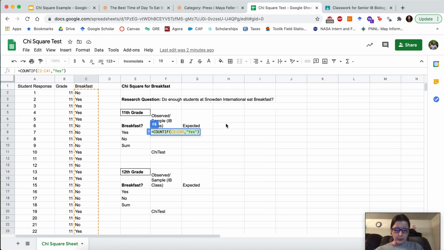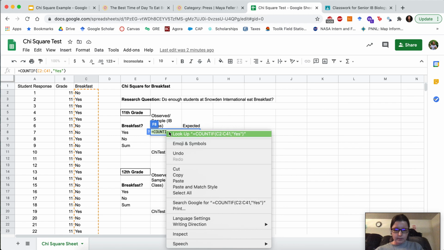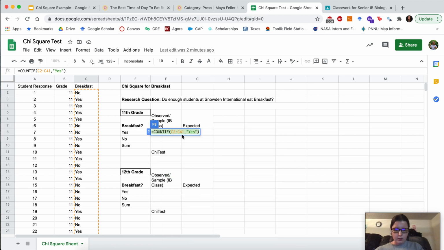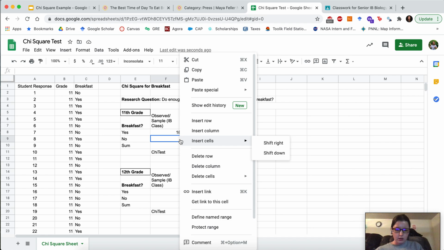Now what I like to do before I click enter and submit this function is I will highlight it, I will copy it, and then enter, and this gives us the number of times that yes appears for the 11th grade. And then for the no's, instead of doing all of that, I just hit paste.